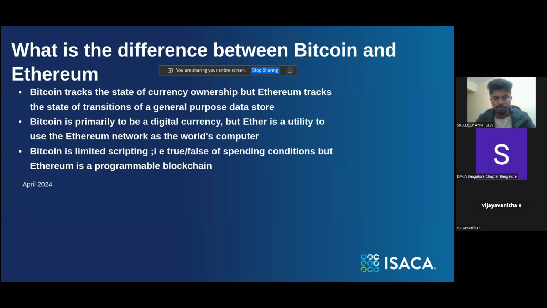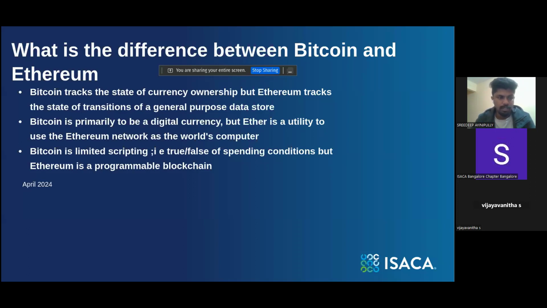In the case of Bitcoin, we have true or false situations, like spending. So that is only limited in Bitcoin. We have only limited capability of programming, but Ethereum is more advanced than Bitcoin. So that's the main thing here.